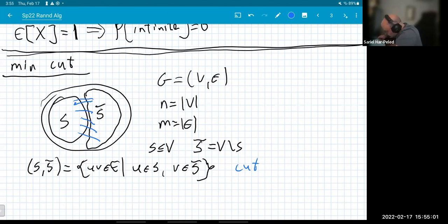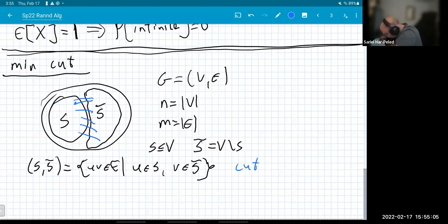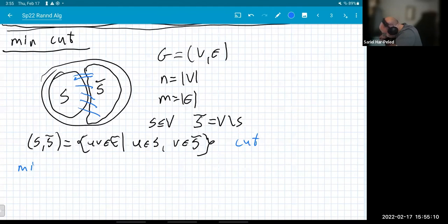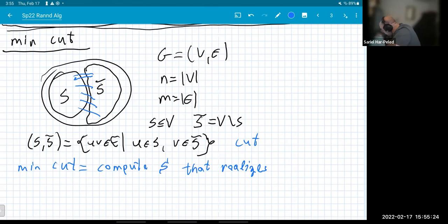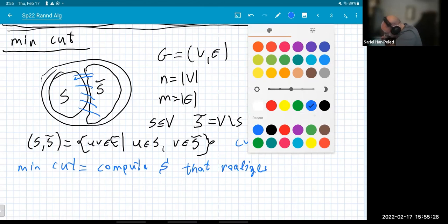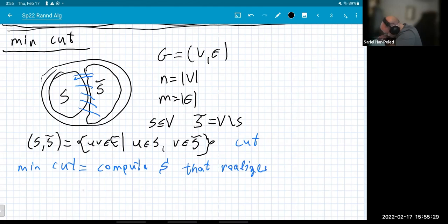And of course, we are interested in min-cut: compute the S that realizes... Okay, so realizes what? Maybe let's go back to black. Minimum over, let's call it T just to keep things simple.